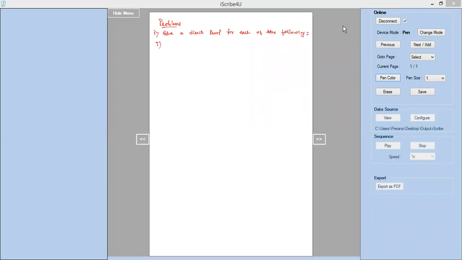First sub question in that: for all integers k and l, if k and l are both even, then k plus l is even.